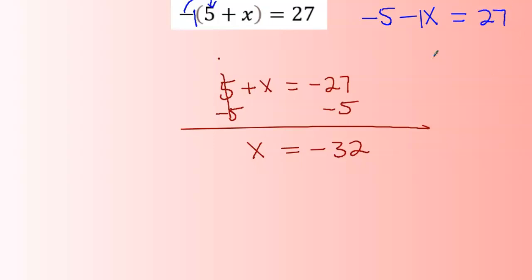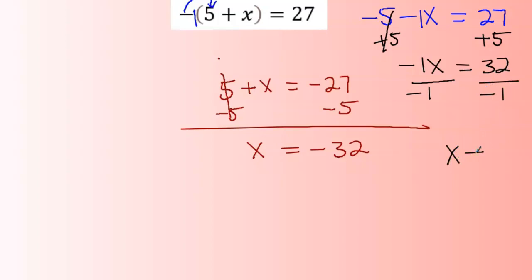And then we want to get rid of 5, so we add 5 here and we add 5 here. This goes away, we get -1x equals 32, and we just transfer the negative over there, or you say divide here by -1, divide here by -1, and that one would have given us -32.